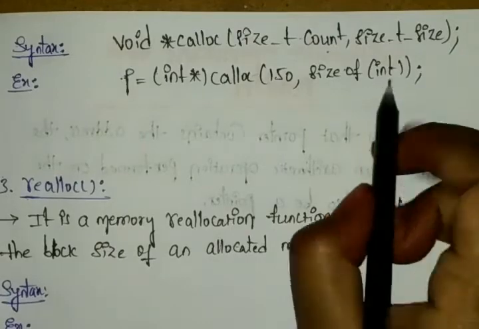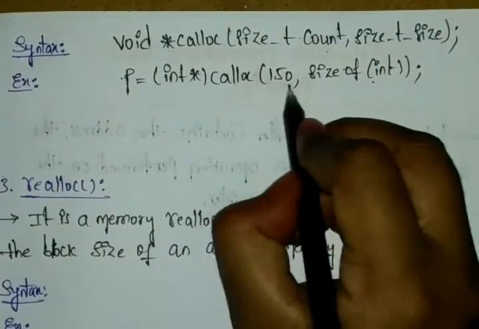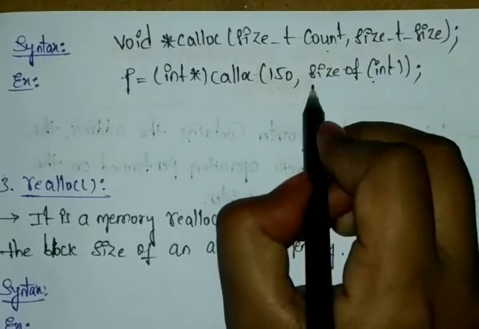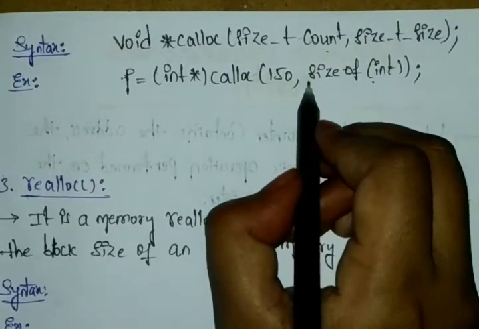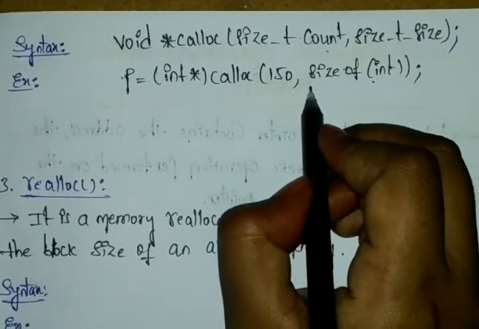You can see here we have int. Int means integers. Here we have 150. So in this calloc, at present, we have a total of 150 integers.